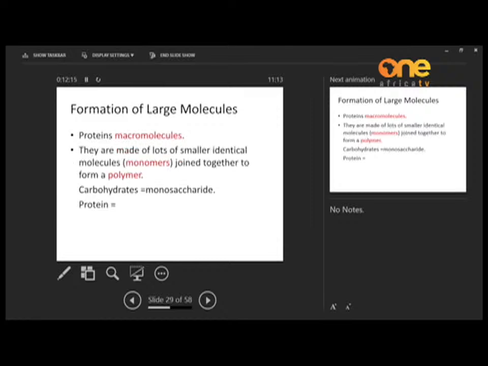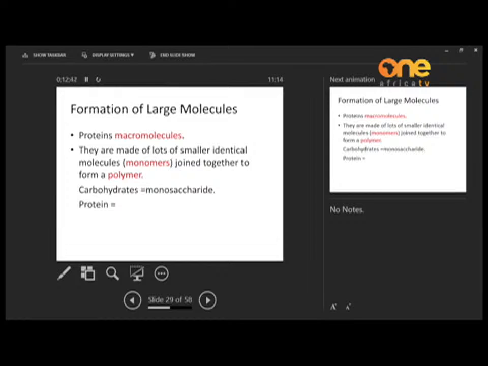In order to form a large molecule, we know that carbohydrates can be a macromolecule, but proteins is also a macromolecule, which means monomers need to join together to form a polymer. The monomer of carbohydrates is monosaccharides. What is the monomer of a protein?